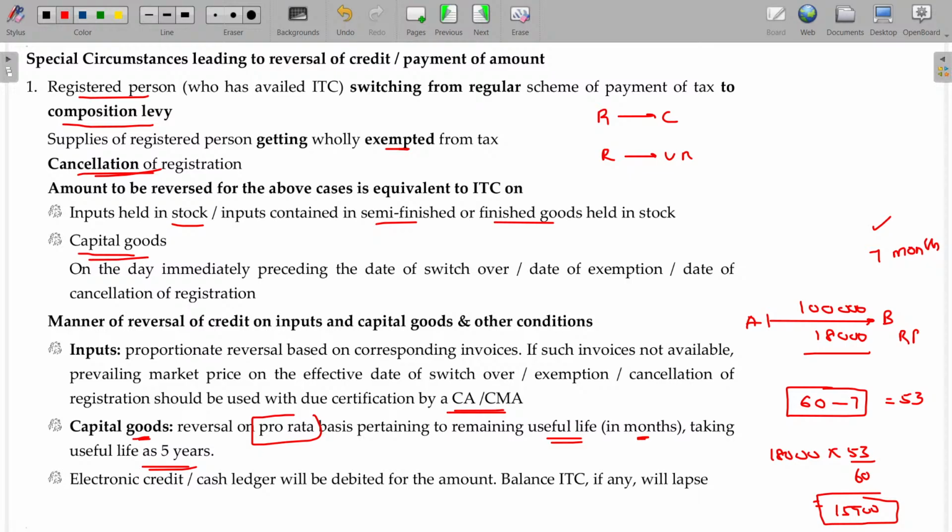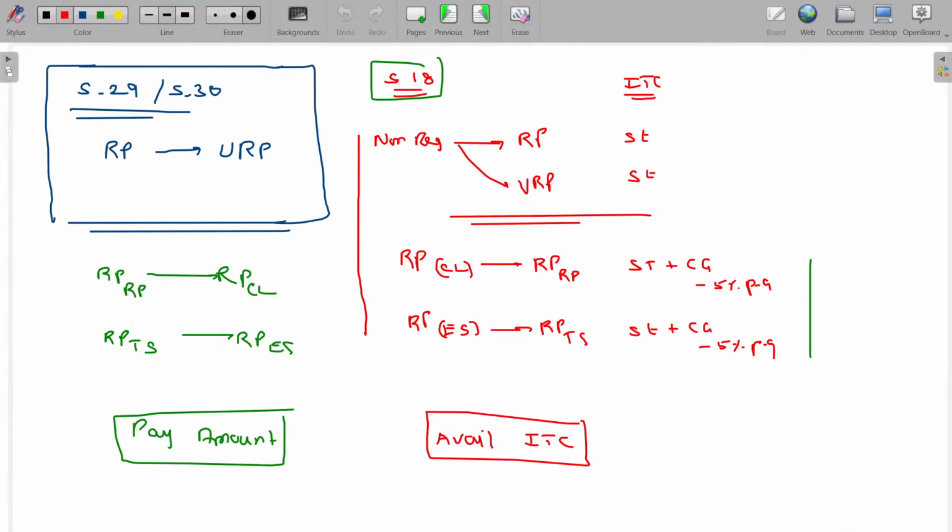So, this is given in which chapter? Section 29 and 30. Okay. In this case, stock of course, and stock and capital goods. In case of capital goods, the refundable amount is the remaining life in terms of months divided by 60 months. This extent of the ITC availed is refundable.